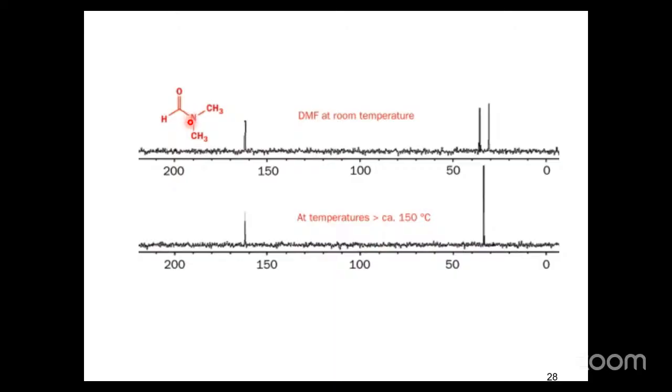Due to double bond character, rotation is restricted. So these two methyls will be different. This methyl is cis to the oxygen and this methyl is trans to the oxygen, so the electronic environment is different. This phenomenon is called restricted rotation due to the resonance effect. So two methyls appear at room temperature.